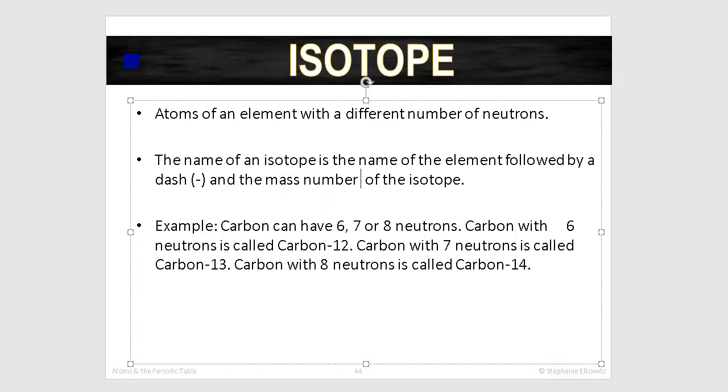For example, carbon can have 6, 7, or 8 neutrons. Carbon with 6 neutrons is carbon-12. Carbon with 7 neutrons is carbon-13. Carbon with 8 neutrons is carbon-14. You really have to go back and do that mass worksheet, because you can't figure this out without it. I'm going to pause it.